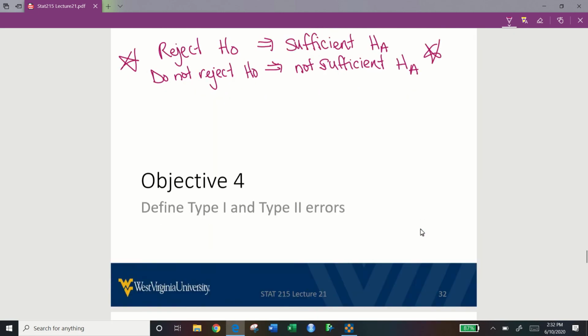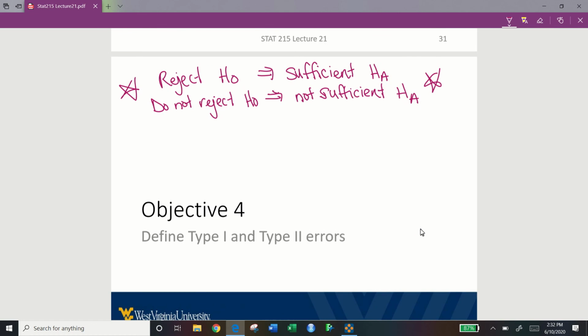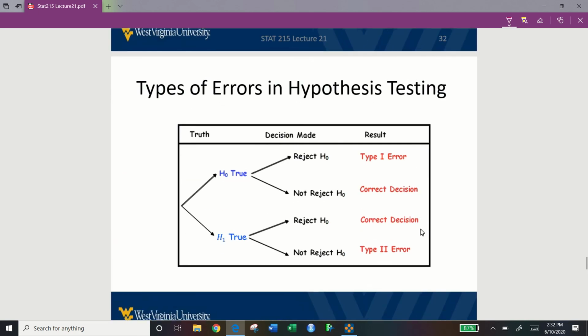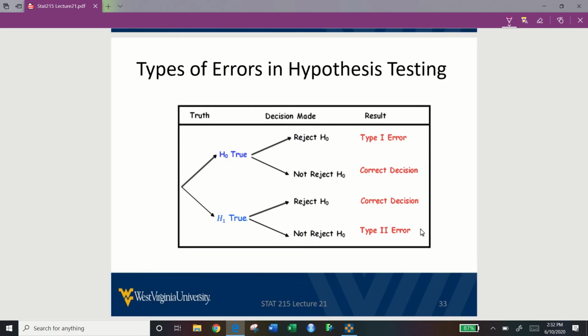Okay, so this brings us to our fourth objective, type 1 and type 2 errors. In hypothesis testing, there are 2 types of errors that we focus on, type 1 and type 2. If we think of all of our possible options of rejecting the null hypothesis and not rejecting the null hypothesis, we have 4 options.